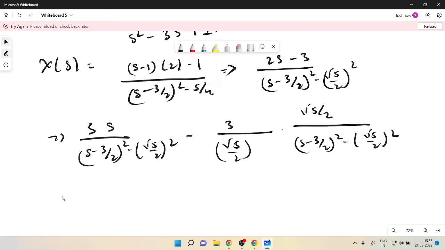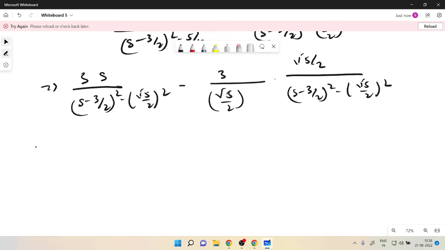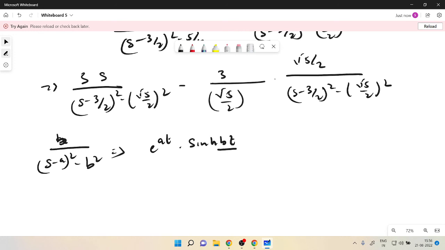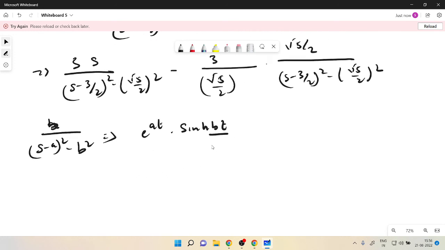Now, does anyone remember the Laplace transform of b by s minus a whole square minus b square? I think this is e power at into sinh bt, hyperbolic.